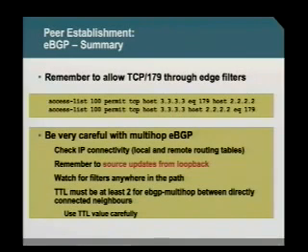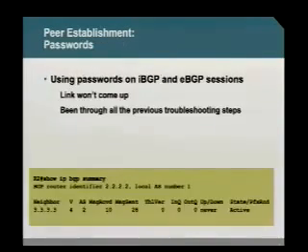Remember to source updates from the loopback interface, especially for iBGP. Watch for filters anywhere in the path as well. Even though you may not have filters, your neighboring ISP might have filters that could stop BGP from coming up. Also, my warning about using the TTL value carefully.